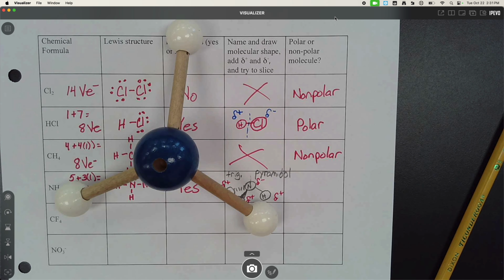And our model kit confirms for us the trigonal pyramidal situation, because I can slide something underneath here. We can see that the blue one isn't touching the table.